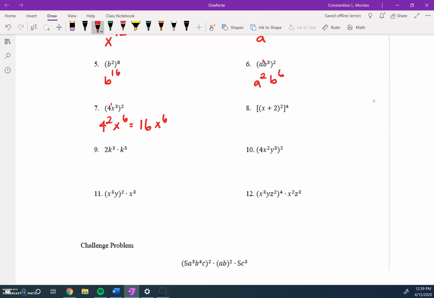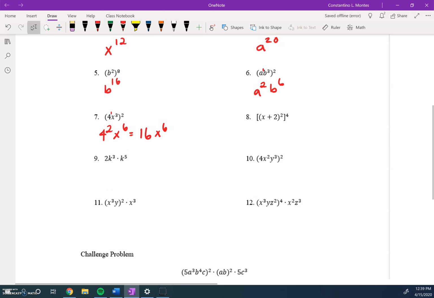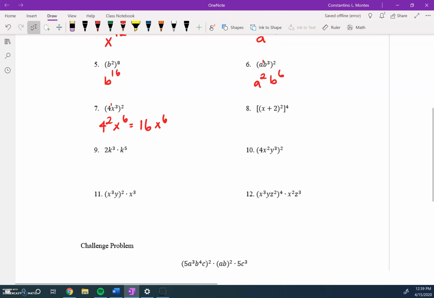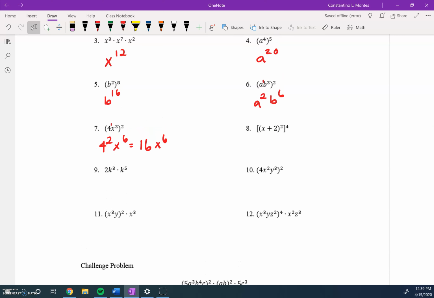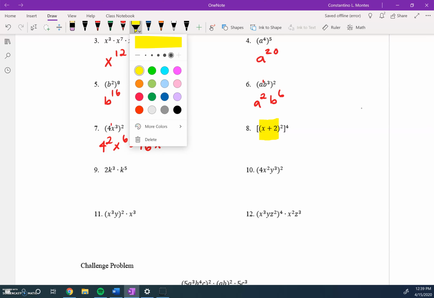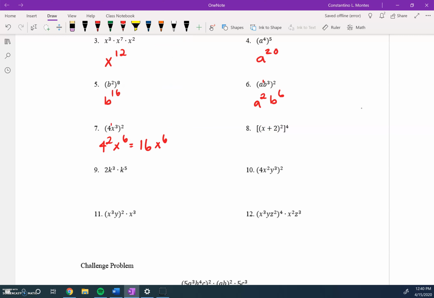All right. Let's see, number 8. So a little bit confusing. Toss this in there because we did have an example like that in the lesson. So if I have parentheses x plus 2 to the power of 2, I'm going to think of this whole thing right there as one term.